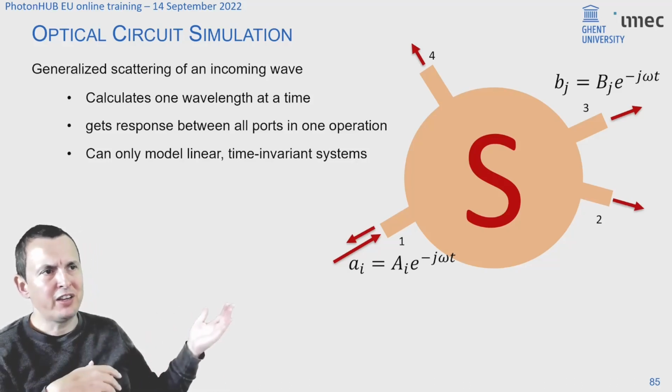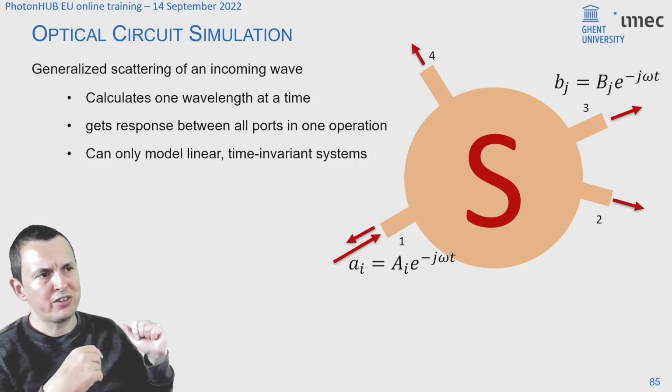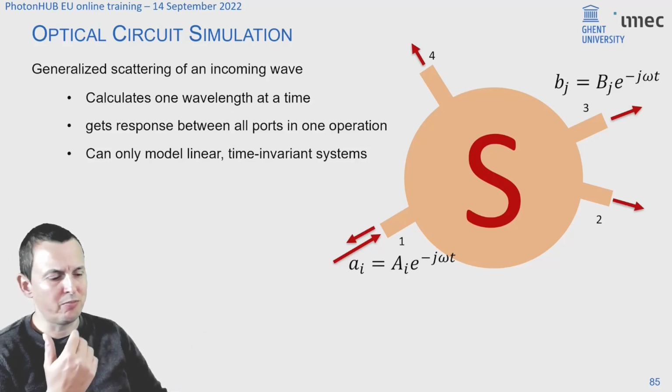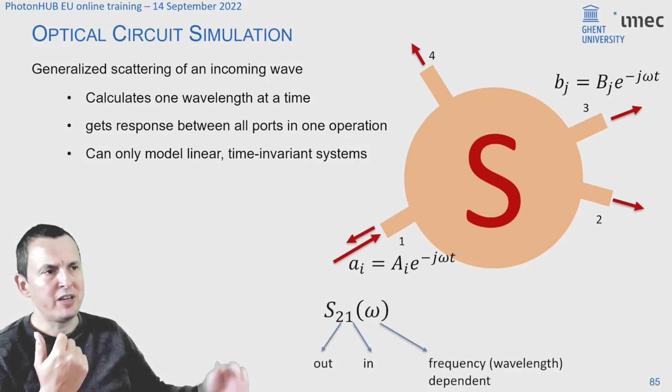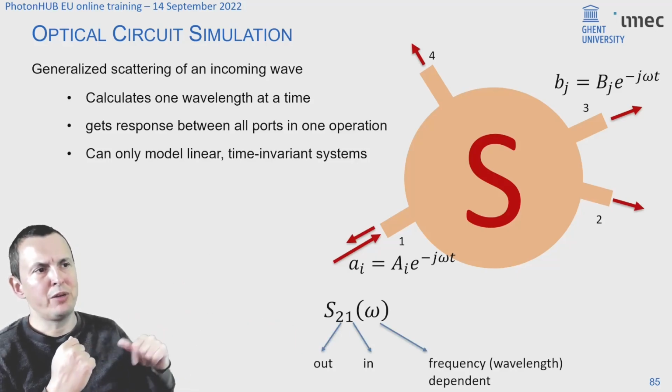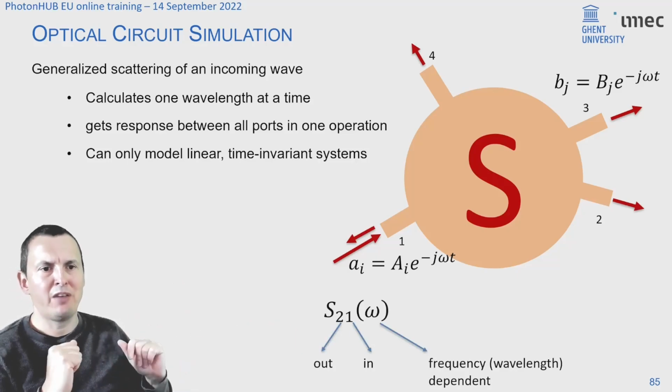And the attractive thing is that these scatter matrices allow you to describe your passive circuit in the frequency domain in a very elegant way. You basically have all the couplings between all the ports just as a function of frequency, and that fully describes the behavior of that passive building block or that passive circuit.